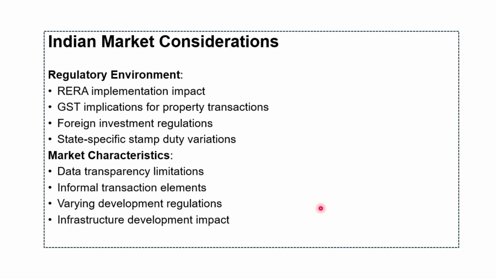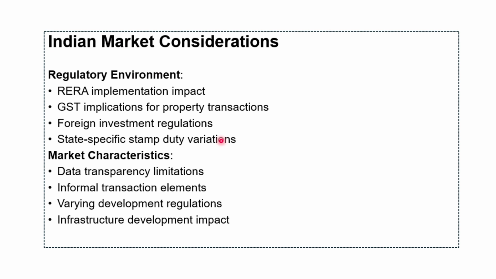We have GST implications for property transactions, and the whole process has been affected by this. It varies by state and property type, so you have to take that into consideration. Then foreign investment regulation limits certain types of investments, and state-specific stamp duty variations can significantly impact the transaction cost.